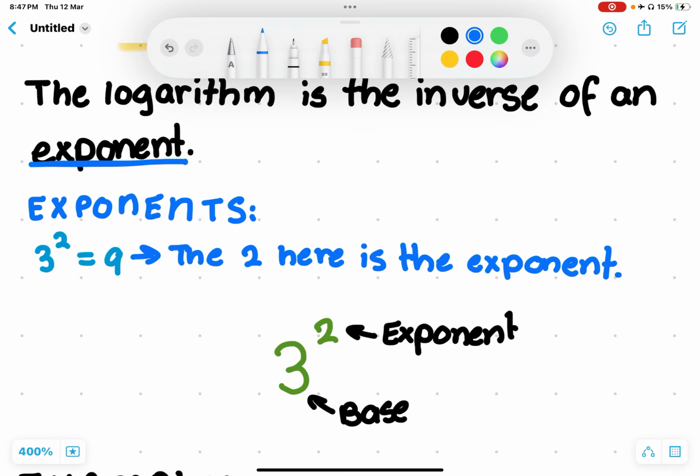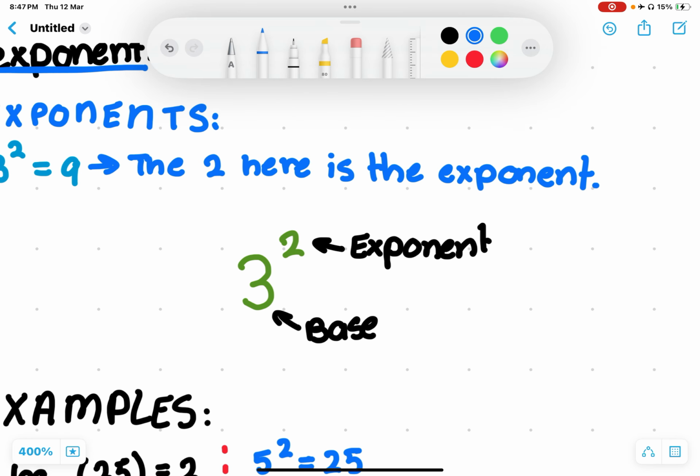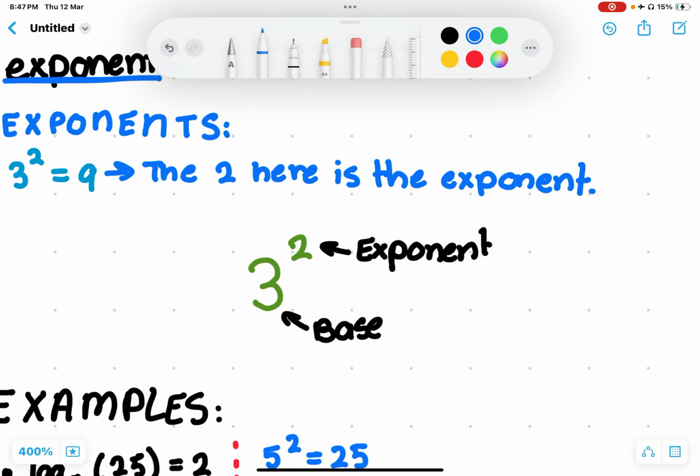Now, I need you to focus on these two terminologies, exponents and base. Base is really important. Just remember, base is the number you are doing something on. So 3 is the number we're raising to the power of 2. We are multiplying 3 by itself twice.